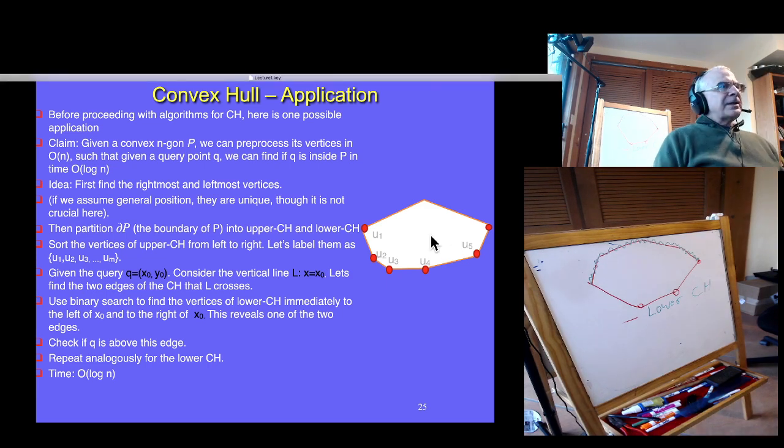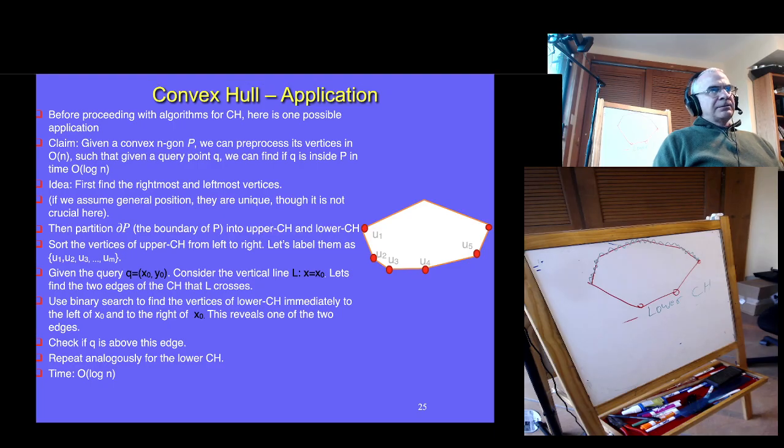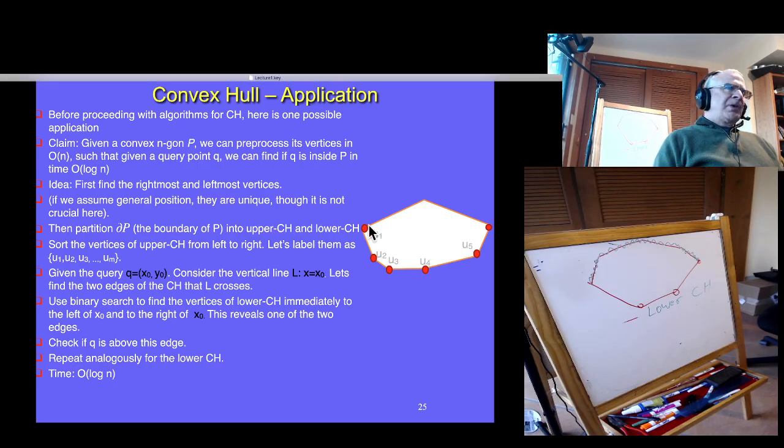So here are the vertices that are all on the lower convex hull. Notice that U1, the first vertex, and the anonymous vertex over here, U6, I think, are also in the upper convex hull.